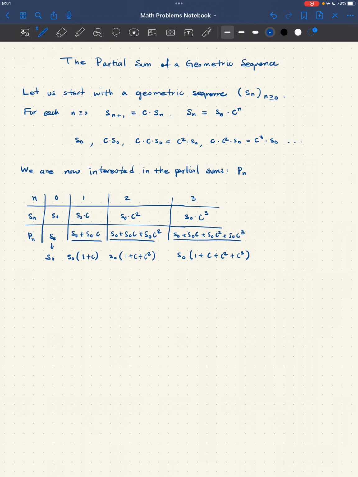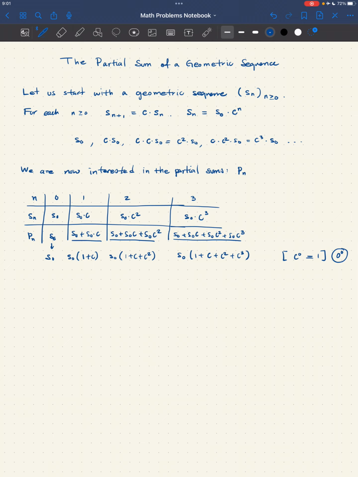So now I can tell the following. If I was to say things in general, we know by convention that for any real number that we discuss, c to the power of 0 is 1, even for 0 to the 0. You can take it as a convention. That's going to help us a lot.